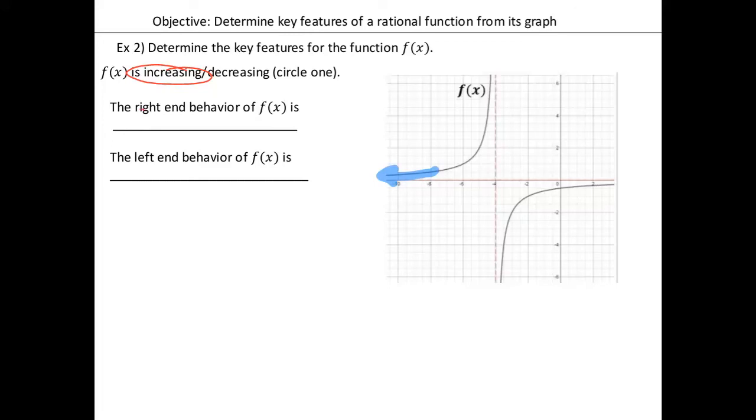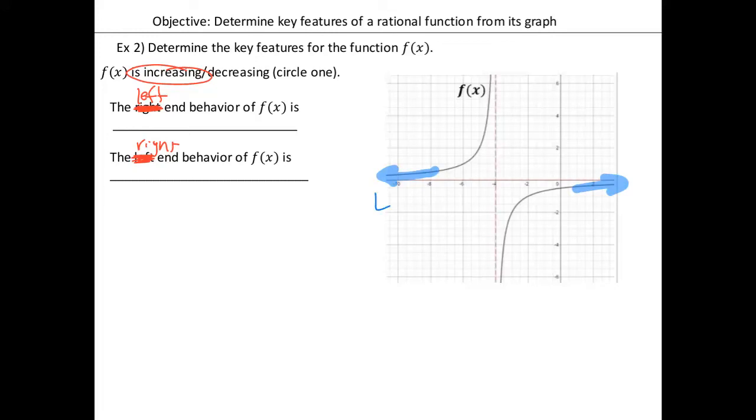This is labeled wrong. On your paper, it says left, and then this one says right. So the left end behavior, I have this side, and this one's the right side.